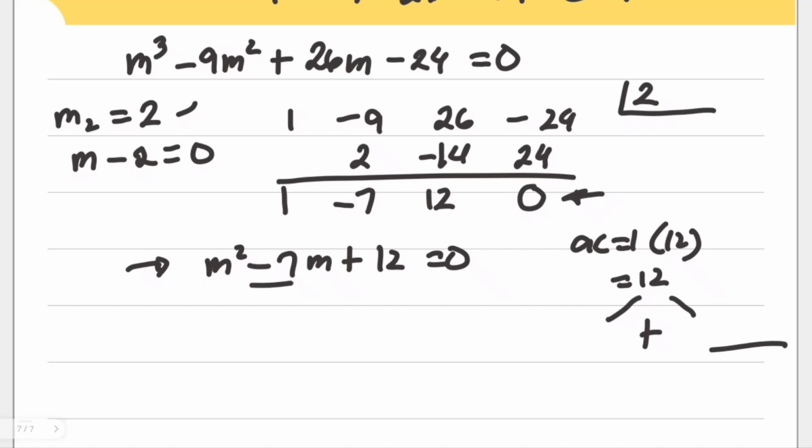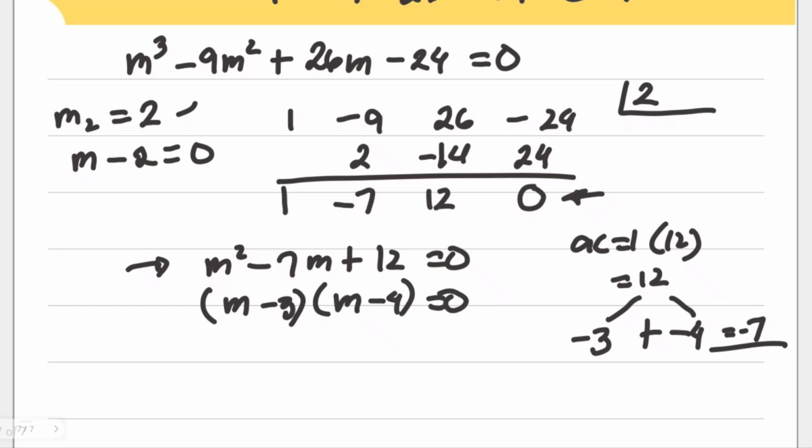So you have factors 12 and 1, 6 and 2, including the negatives. But the factors here are actually minus 3 and minus 4. Because negative 3 times negative 4 is 12, positive 12. Negative 3 plus negative 4, that's negative 7. That's our middle term here. Hence, the factors here are m minus 3 and m minus 4 equal to 0.